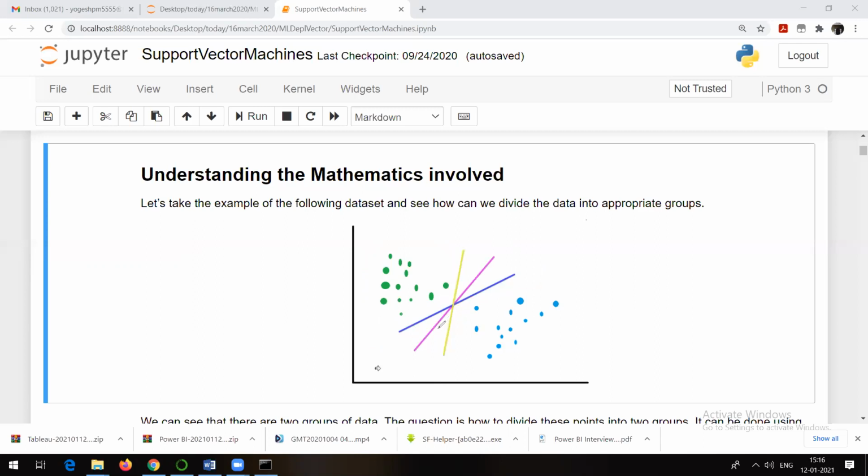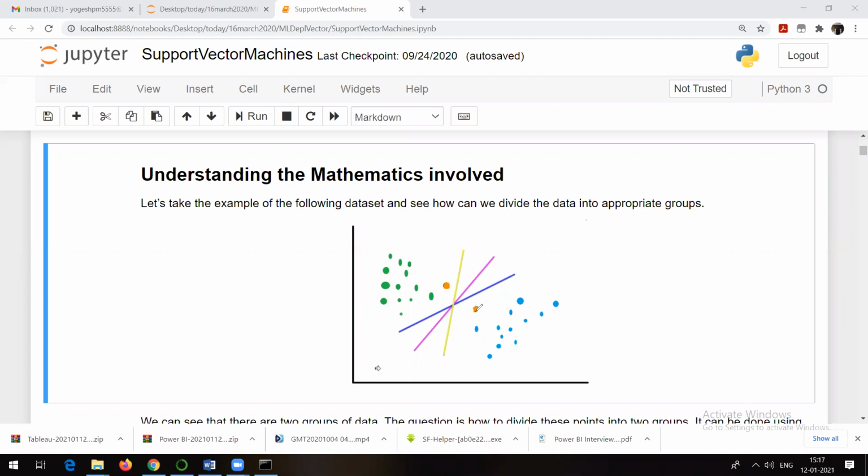But we need to come up with a hyperplane which satisfies the conditions of the support vector machine. Now, what are those conditions? See, from this green group, if you see this particular point and this point, we have chosen one point from this group and one point from the other group.